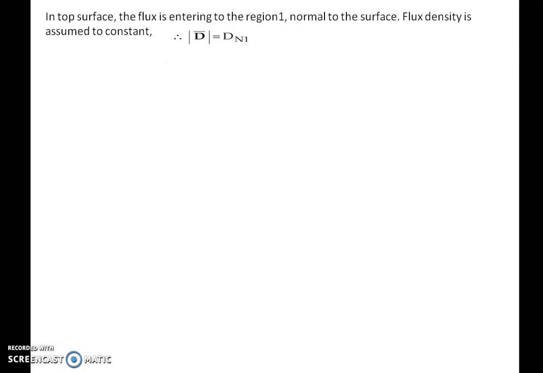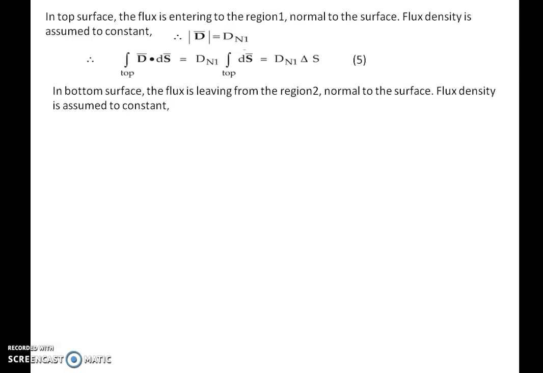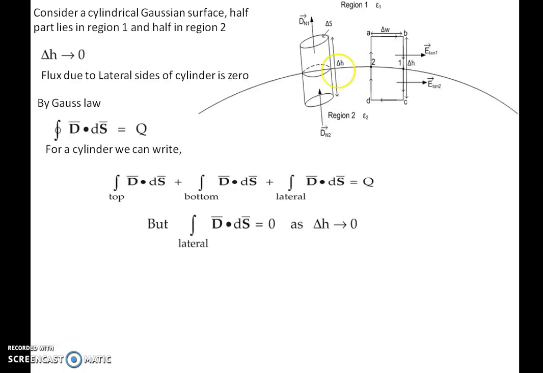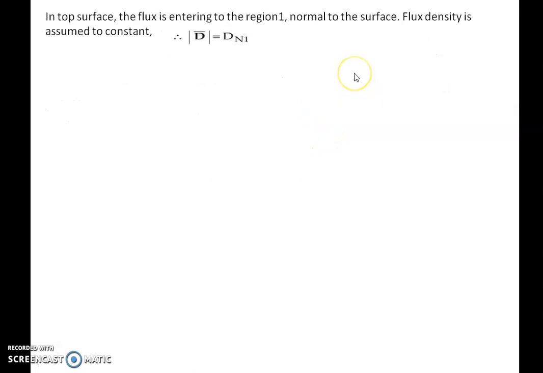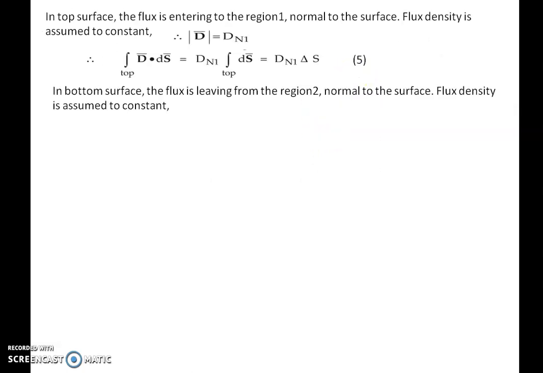Now if you observe here, if you take the second region, what is the flux density direction? It is leaving from the surface, so I will take the flux at this bottom surface as negative. It is assumed constant. So the magnitude is DN2, but the vector D is minus DN2.